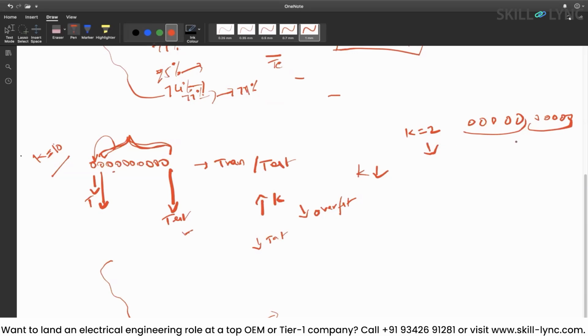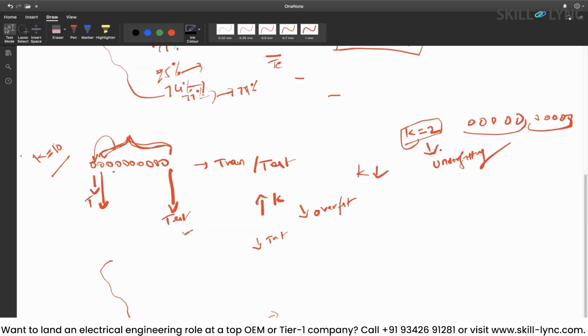This would lead to underfitting of your problem. Okay? So you have to choose the right value of k. But in general, you should understand why this sample is giving 77% and why the other sample is giving 70%. So you should try to analyze that. That is more important. But yes, you can go ahead with that sample.